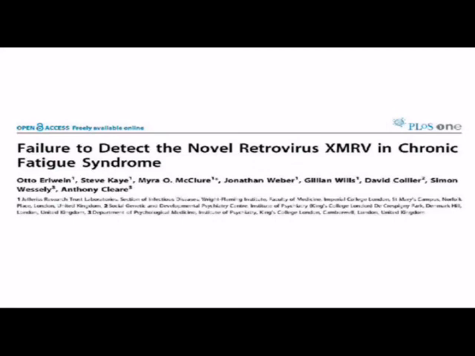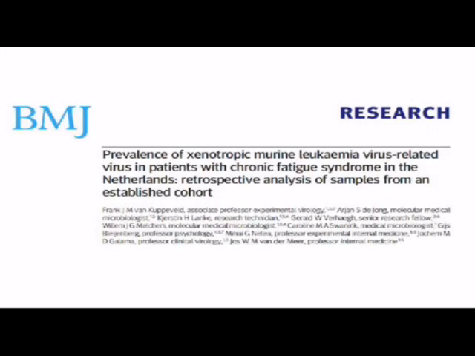There are a few other studies which failed to detect XMRV, mostly from Europe. And there was a more recent study from the NIH and FDA, which found XMRV-related viruses.